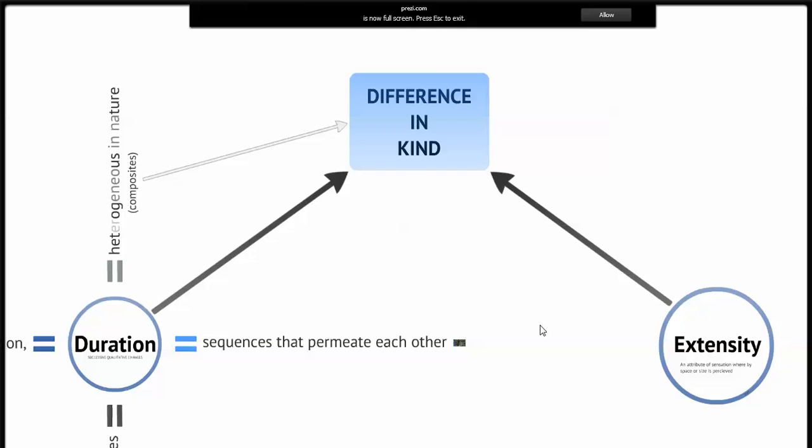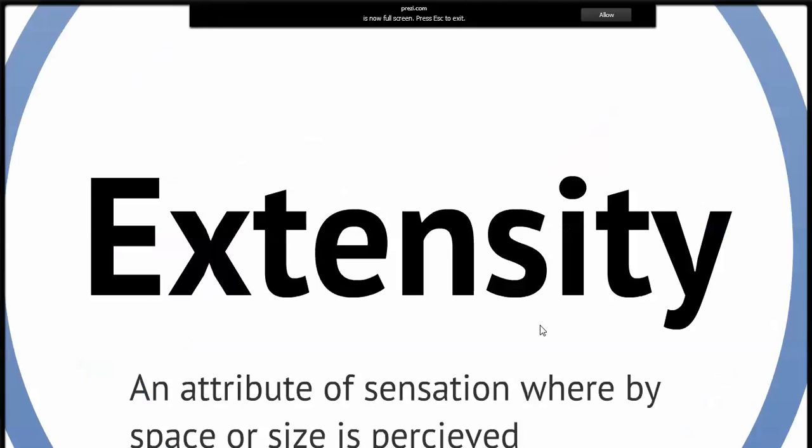We already talked about what duration is. It's the successive qualitative changes. But extensity is an attribute of sensation whereby space or size is perceived.